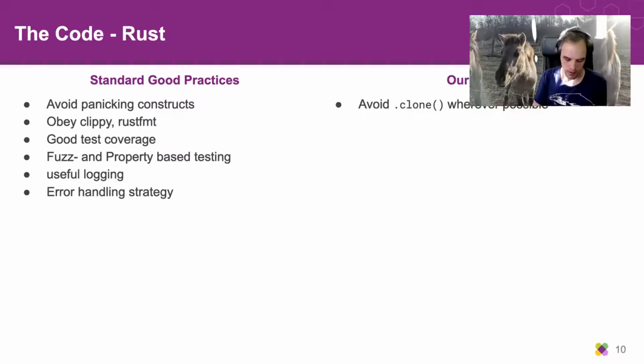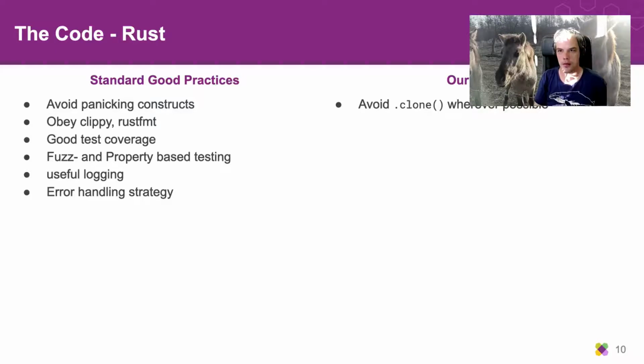I still haven't made my peace with lifetimes yet. So we do clone at some point, but it's always scrutinized in reviews. We need to justify why we do the clone, and we need to try to avoid it at least.